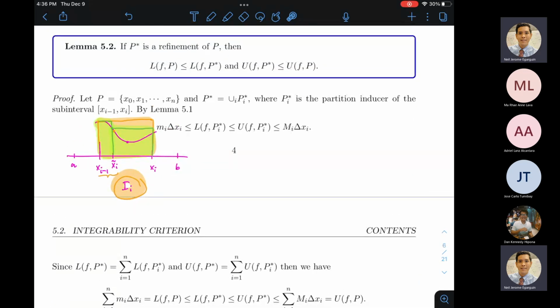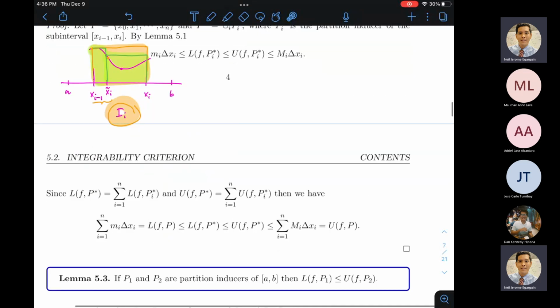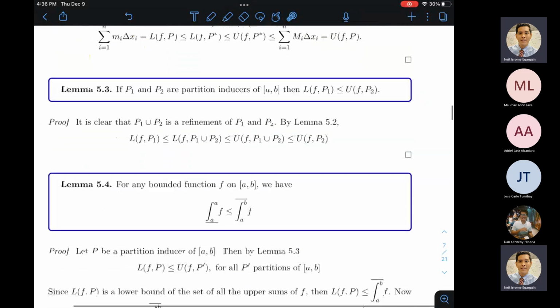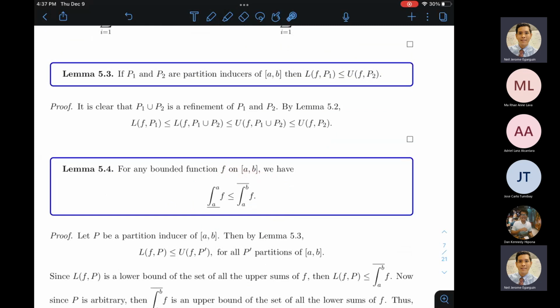Now, what is lemma 5.24? Para siya dun sa susunod na lemma. And again, I said, hinati natin yung proof nito into several lemmas, though we could have written it as a single continuous proof. All right? I think the last piece in the puzzle to complete the proof of the inequality we desire ay yung lemma 5.3.